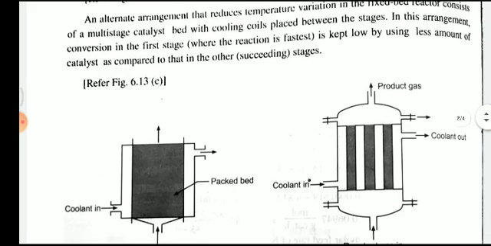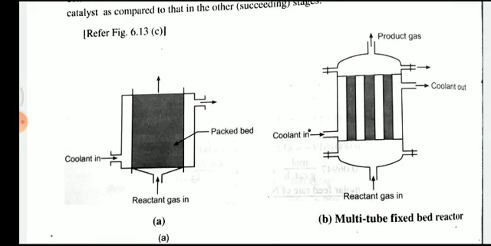So it is one type. First one is a fixed bed reactor. Then B is the multi-tube fixed bed reactor, in which multiple tubes of catalyst are arranged. So first of all, we see figure number 1.